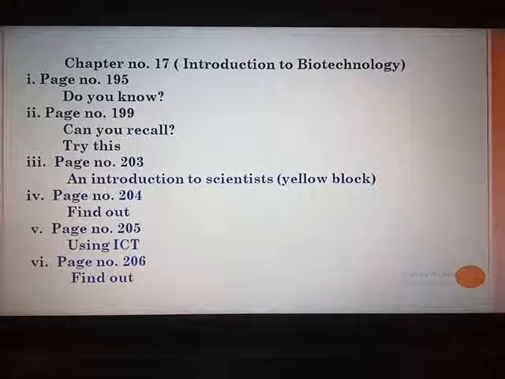The last page of the chapter, 207, there is no reduction. Now we come towards the last chapter for section B, chapter number 18. In this chapter there is hardly any reduction, but whatever is there, let us go through it.